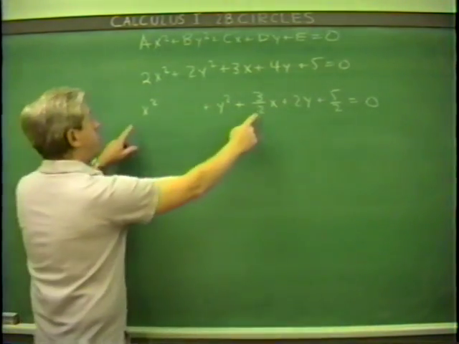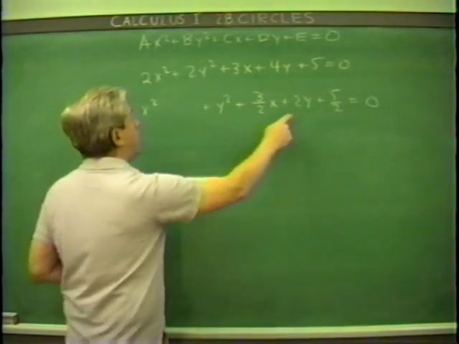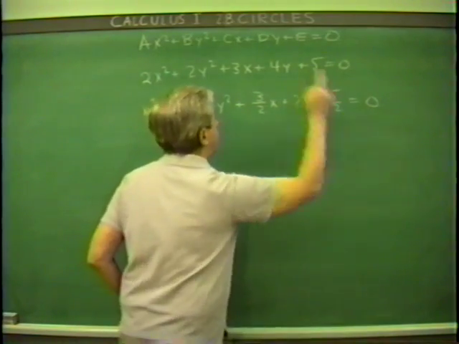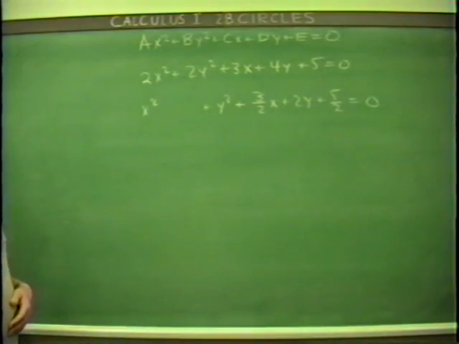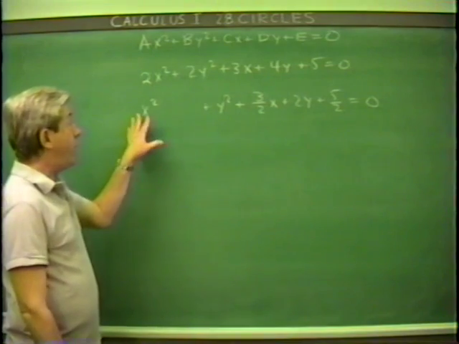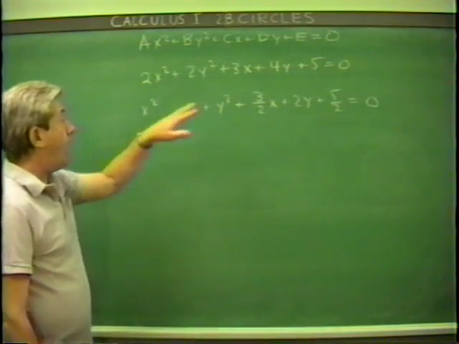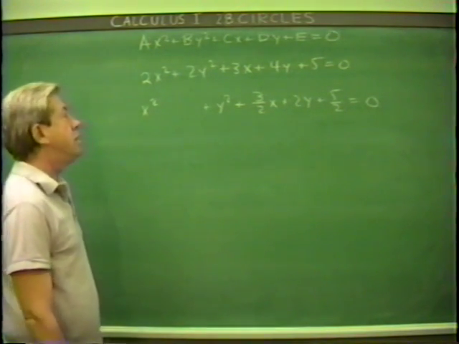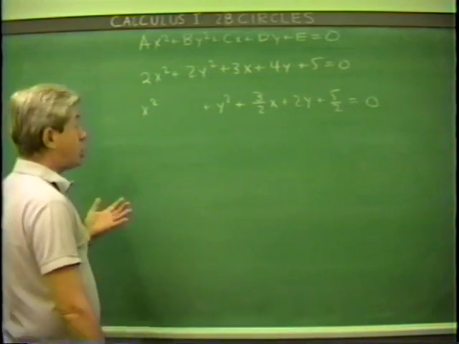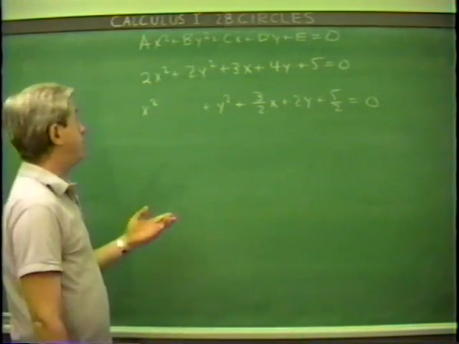And then I want to group the x terms together and the y terms together and the constant on the other side. I'm going to essentially complete the square of the x terms and the y terms and make this equation correct. And we'll see that we have either a circle or a point or nothing.